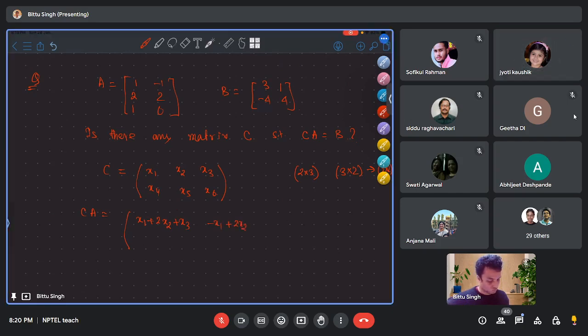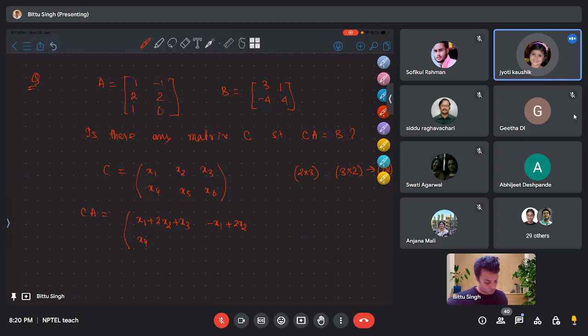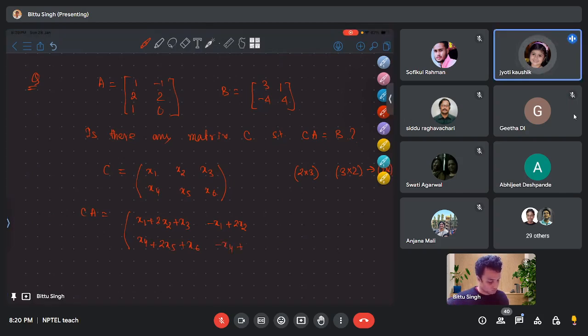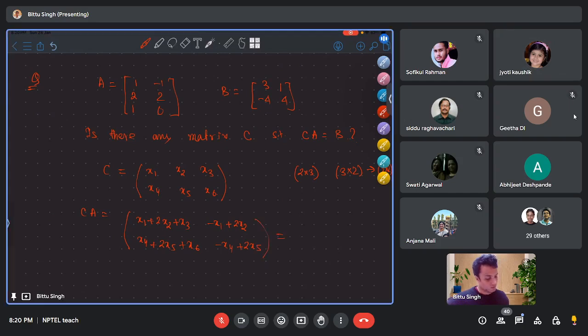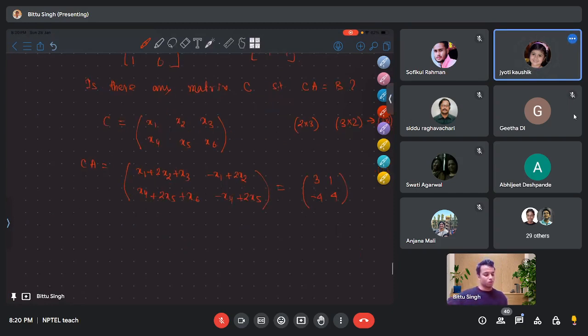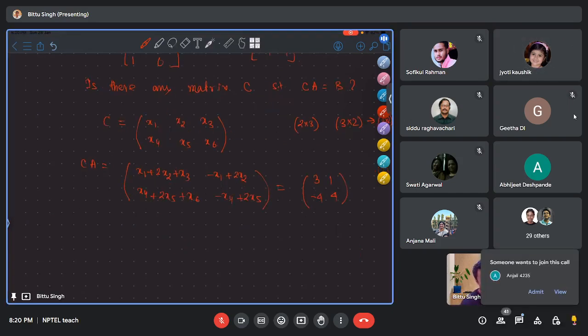The second row is x4 plus 2x5 plus x6, then minus x4 plus 2x5. This is the same as [3, 1; -4, 4]. So you can see there are two sets of equations.